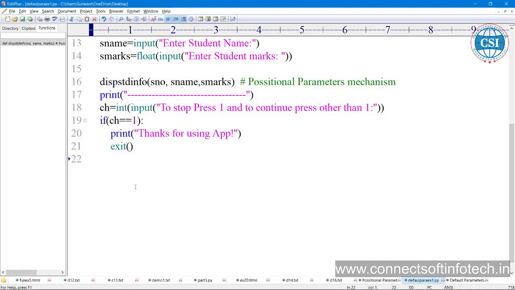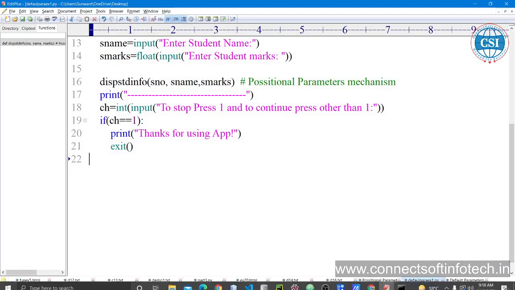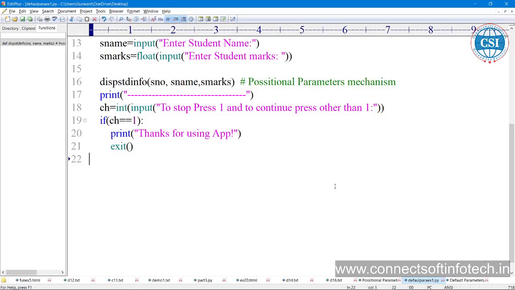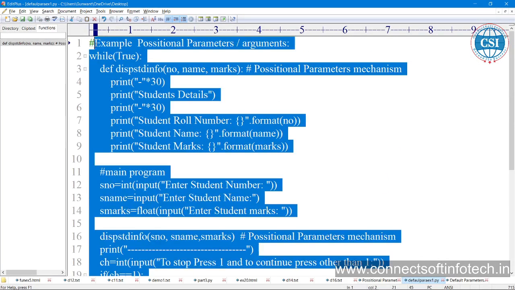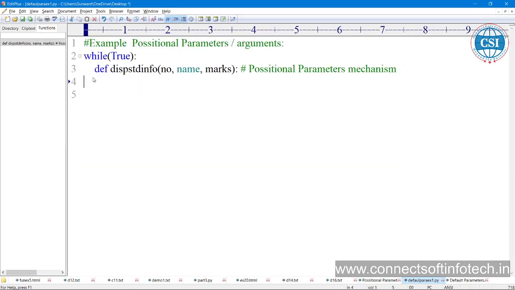The best example you can take is the area of a circle.